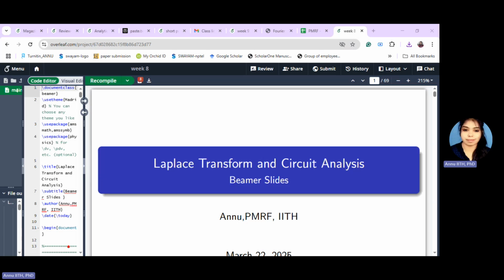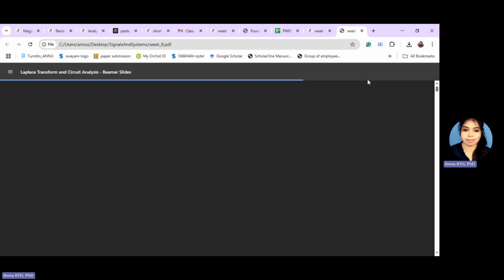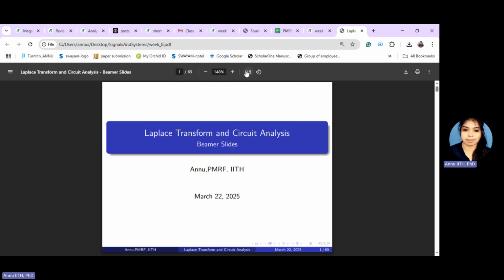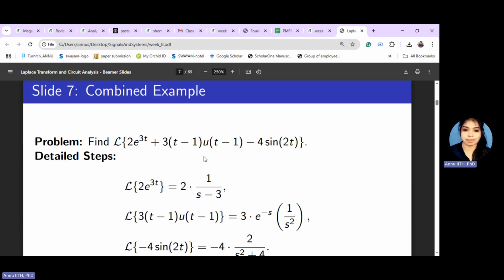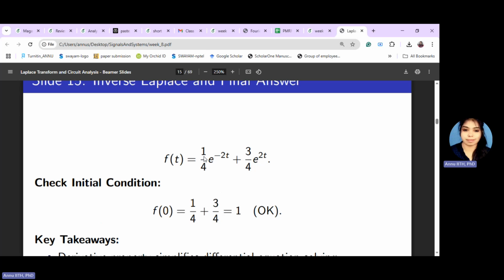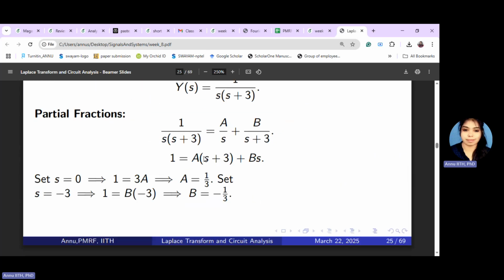So just to confirm, you had a lot of doubts in week 8. I can see people are not joining my class, but still they're asking me the questions. So in this Laplace transform circuit analysis, first of all, you had a question on the ROC part, which I covered.